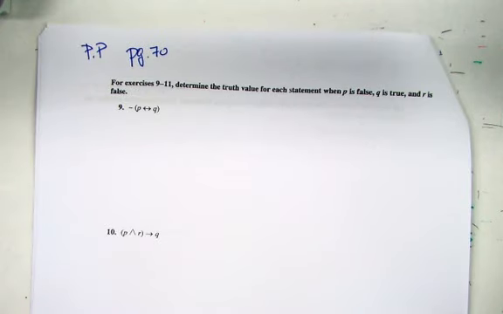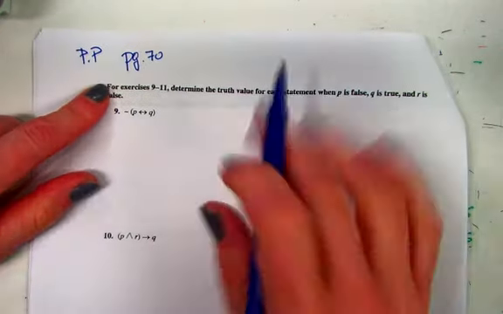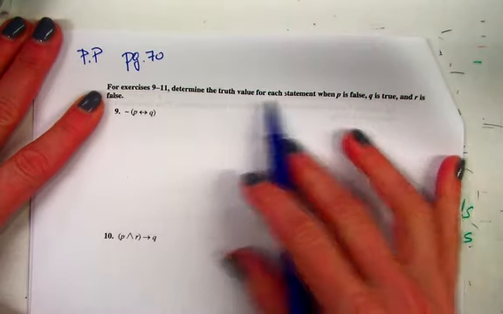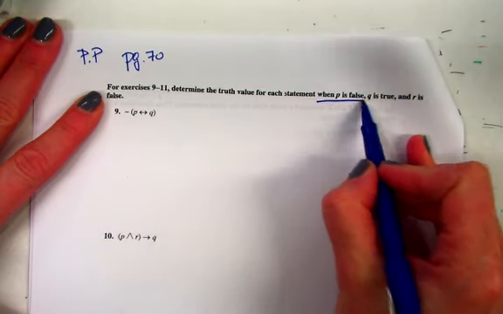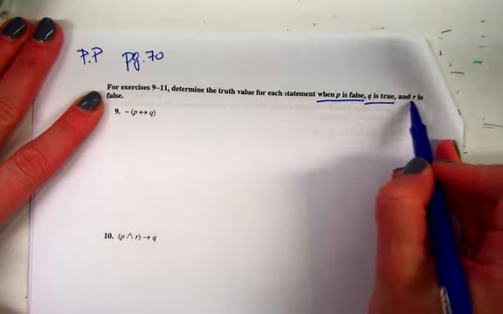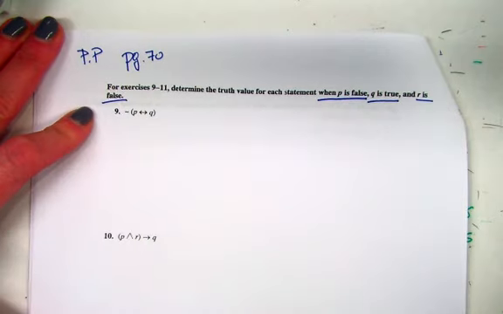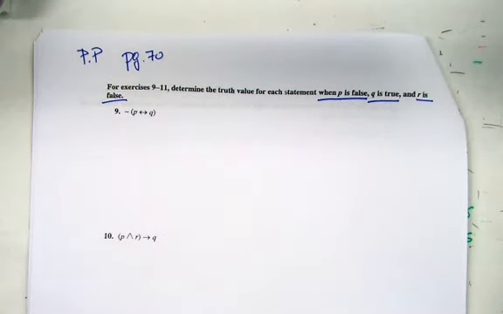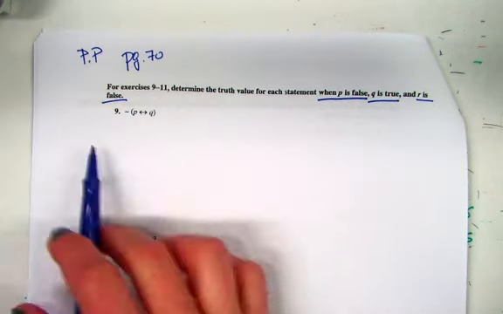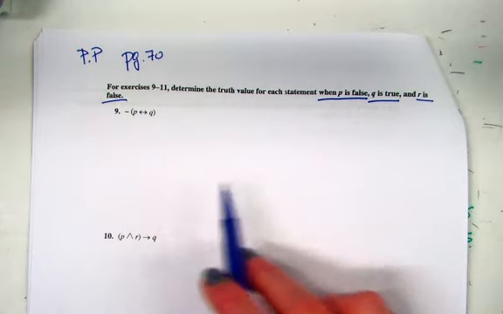All right, so for these exercises, it says, determine the truth value for each statement when P is false, Q is true, and R is false. Up until now, we've been making the whole truth table. Technically, you could do that for this problem, make the 8 rows for P, Q, and R, and just look at one specific row.